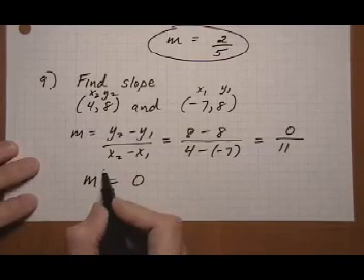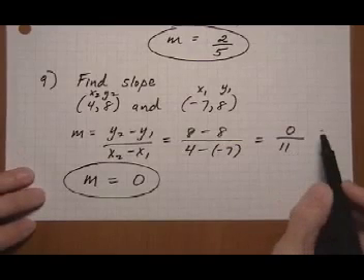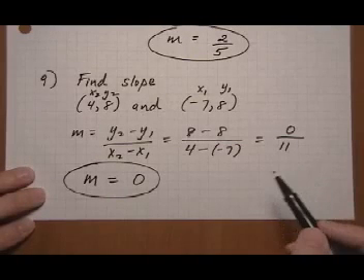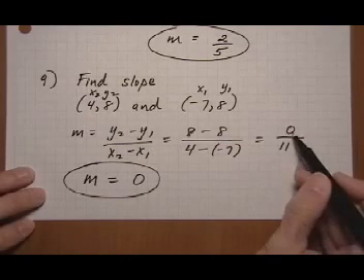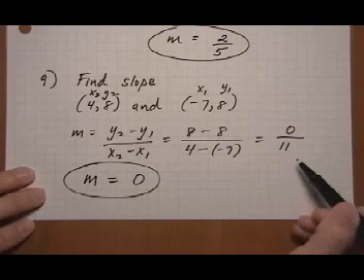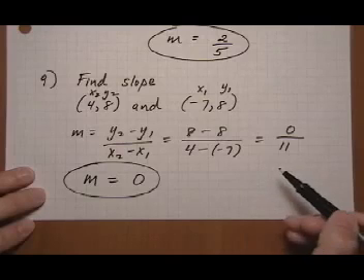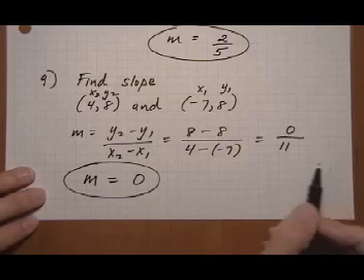And if you ever forget which one gives the answer, is it 0 over a number or a number over 0, plug it into your calculator and see. 0 divided by 11 is going to give you a 0. If you do 11 divided by 0, you should get an error message on your calculator. That would tell you instead that the answer is undefined.